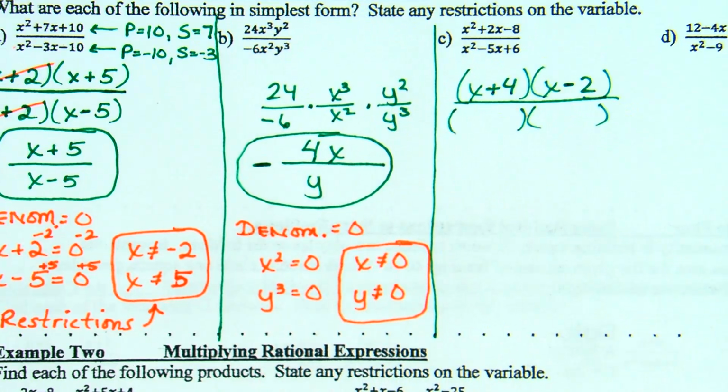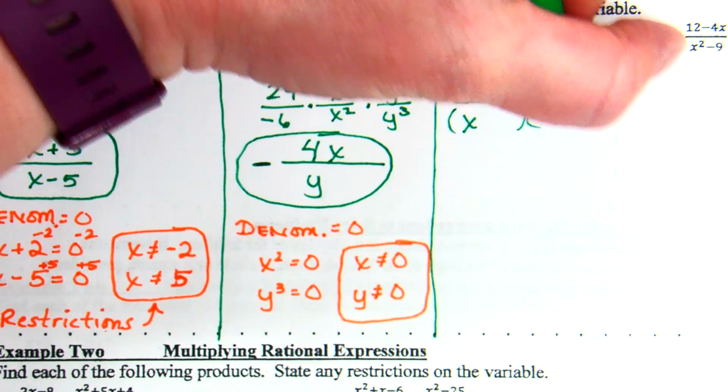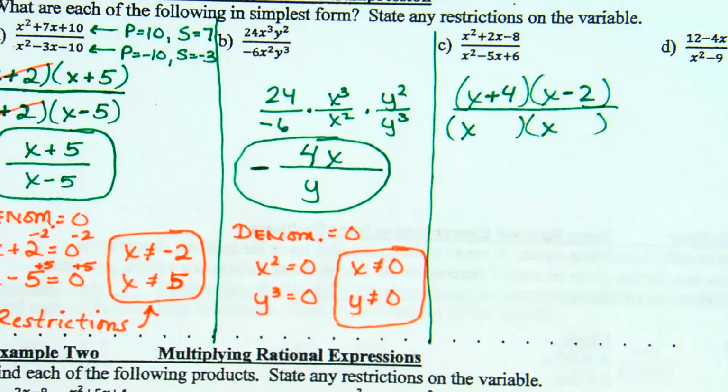X squared again breaks into x and x. This time, multiplying to be 6, adding to be negative 5. What'd you say? 2 negatives.